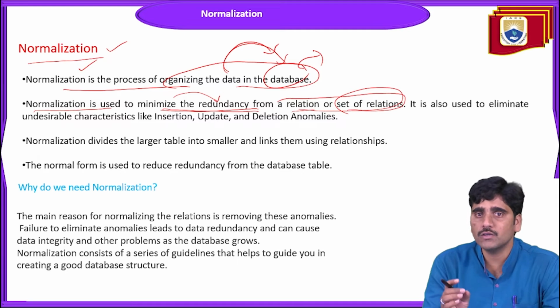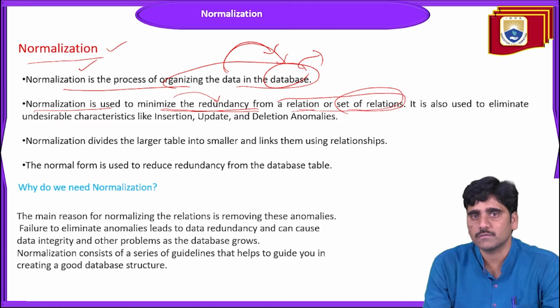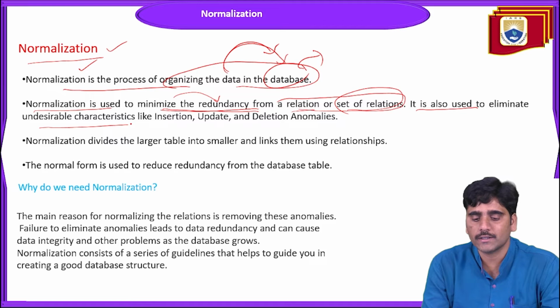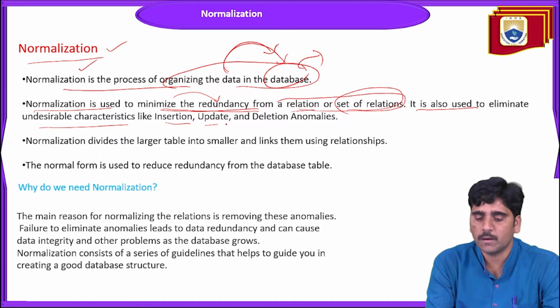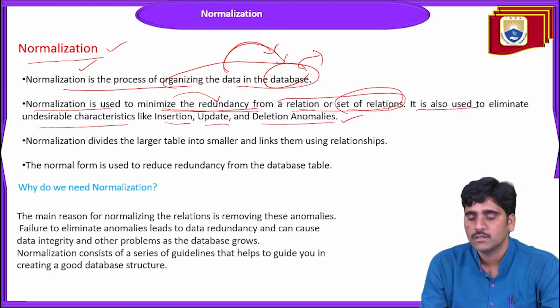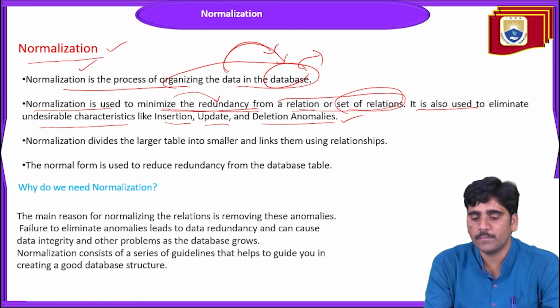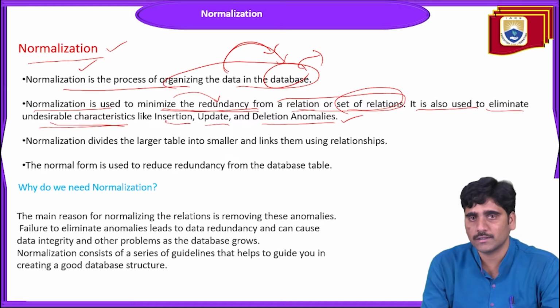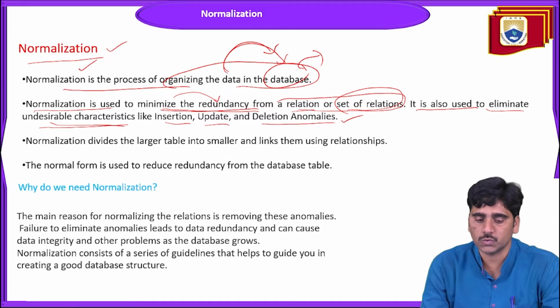The duplicate values that are inserted in the table are minimized by using this concept. It is also used to eliminate undesirable characteristics like insertion, update and deletion anomalies. Whatever conflicts or anomalies we get from insertion, update and deletion operations, we have to eliminate those undesirable characteristics.